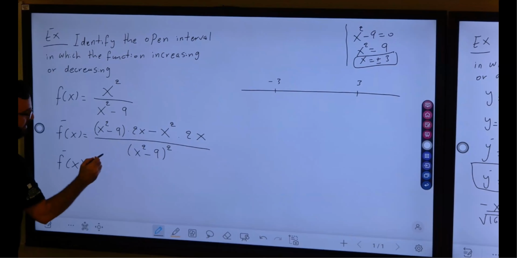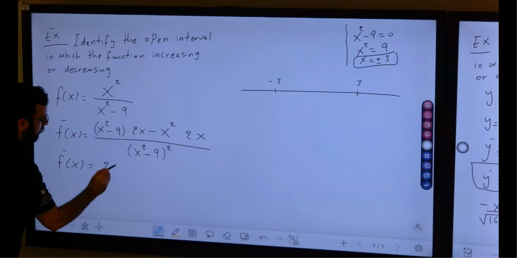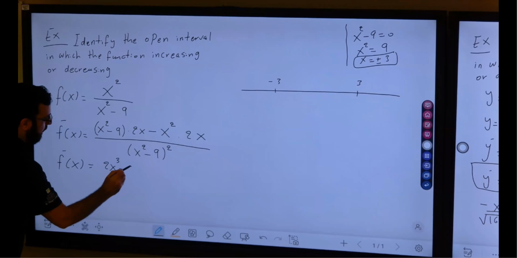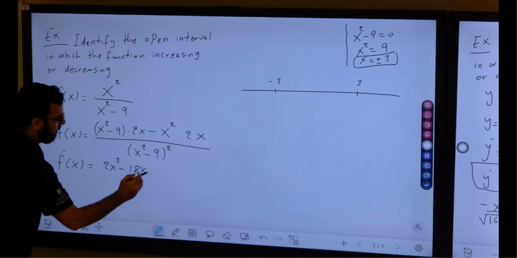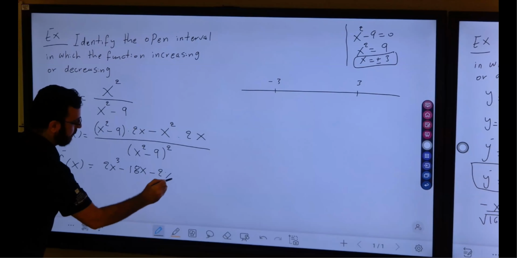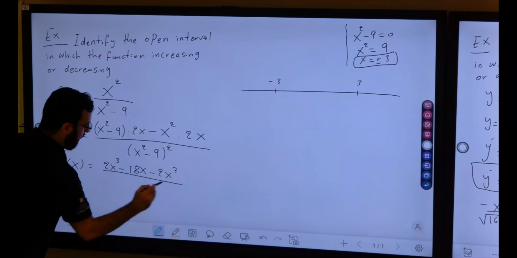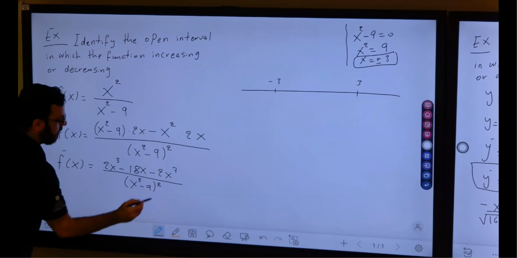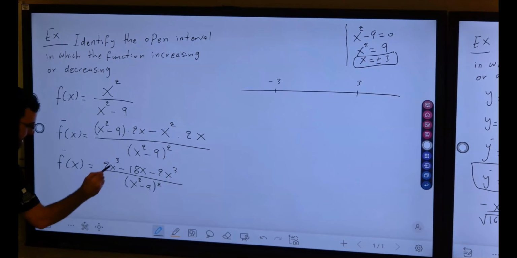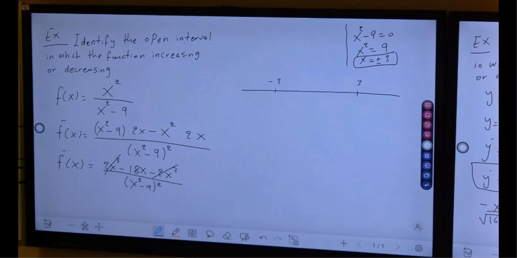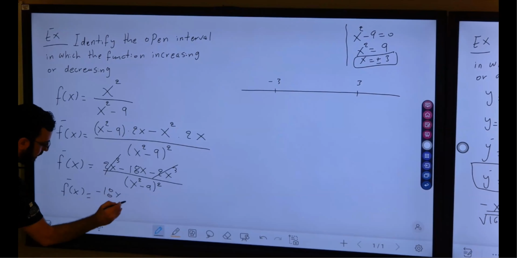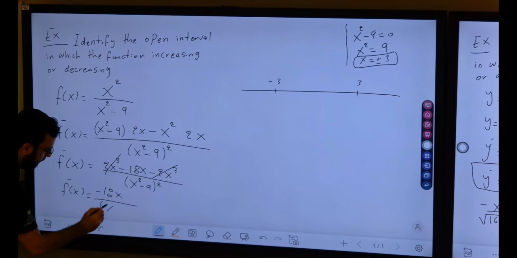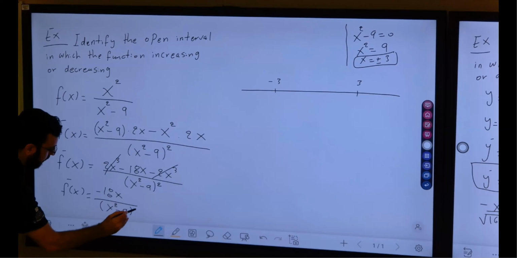So what I'm going to do here, I have to distribute. So 2x cubed minus 18x minus 2x cubed, divided by 1. I cancel these. You see? F prime of x is going to be negative 18x divided by x squared minus 9 squared.